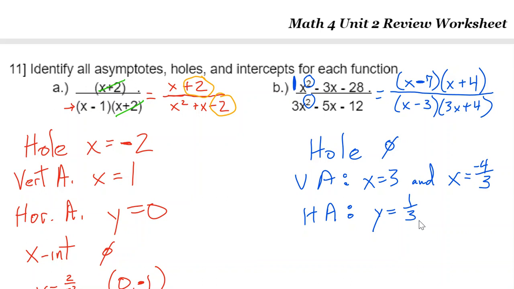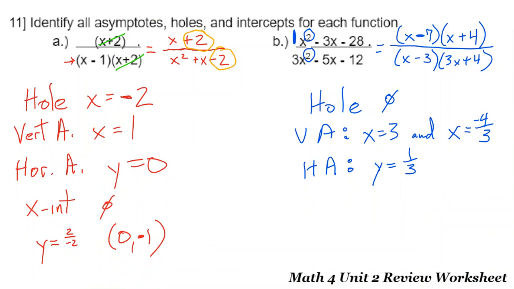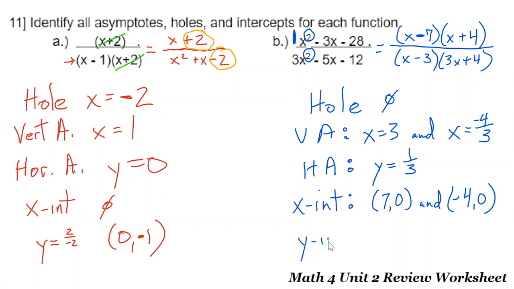Now, when we start talking about x-intercept and y-intercept, I can look at the top, x minus 7, x plus 4. That is going to tell me where my x-intercepts are. Because x minus 7 means that I have a positive 7, and x plus 4 means I have a -4 for an x-intercept. And for my y-intercept, I look at the 28 and the 12, -28 over -12.